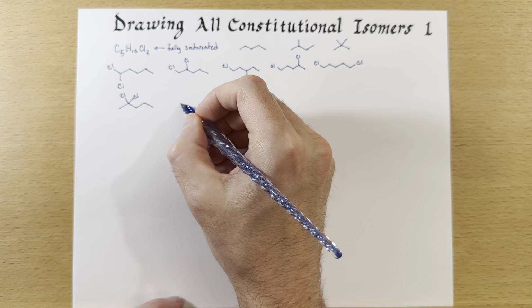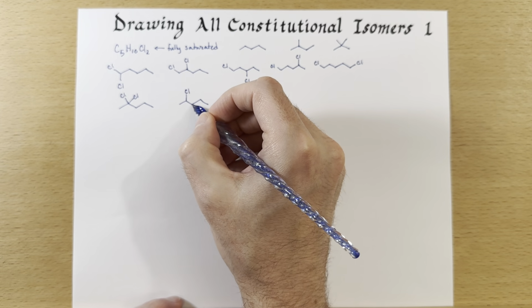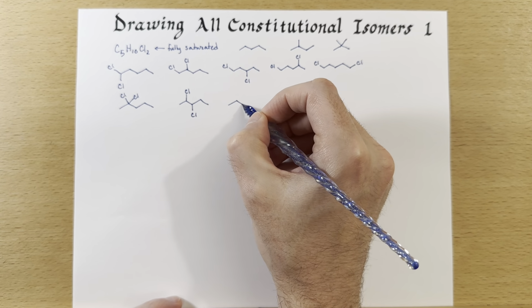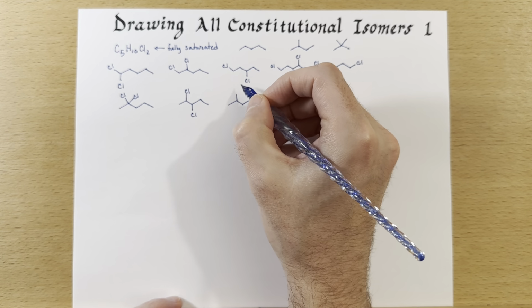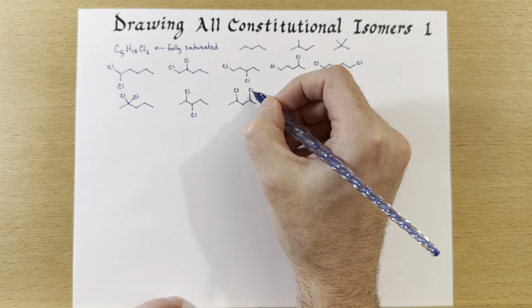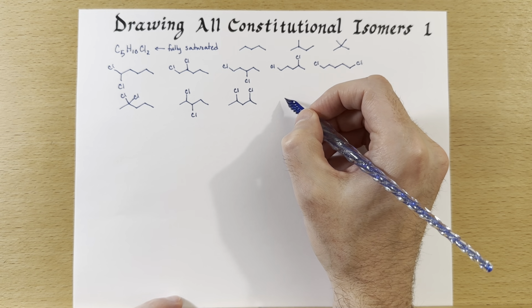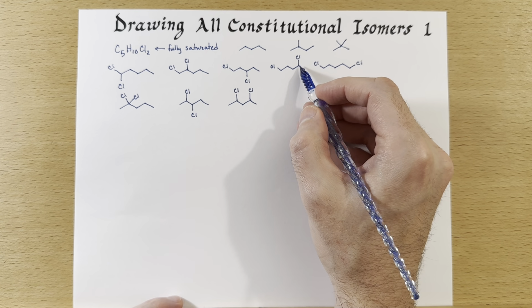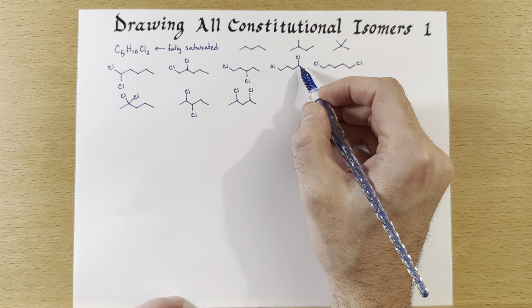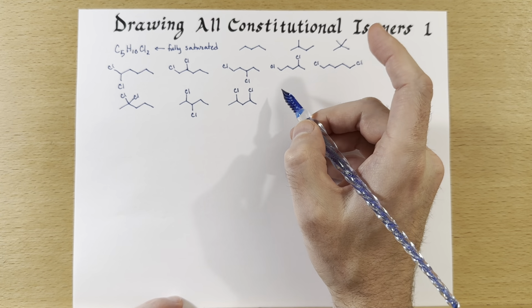So now we have 2,3-dichloropentane, 2,4-dichloropentane, and you might think, oh, well, we could have a 2,5-dichloropentane, but no, we don't, because that would be properly called 1,4. And we've already drawn that one.